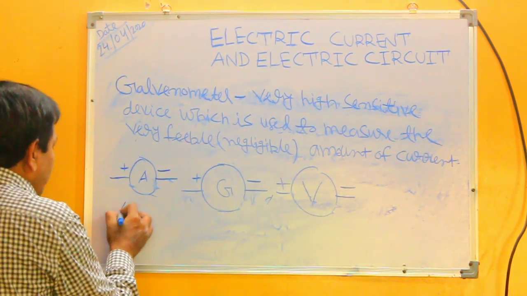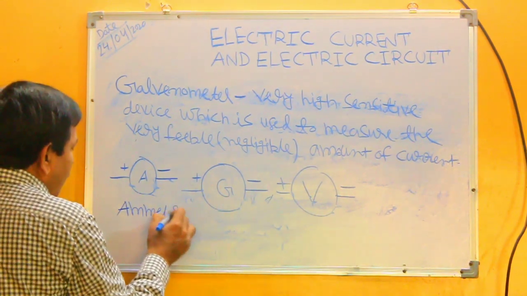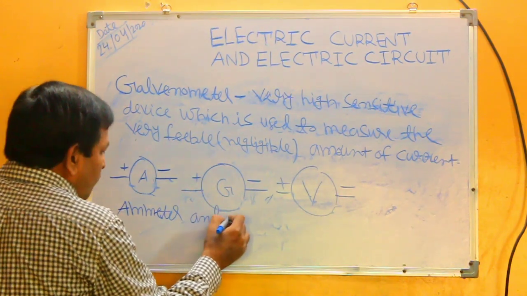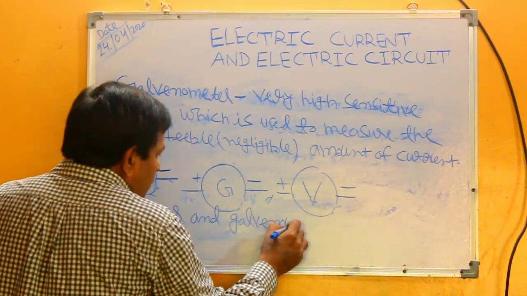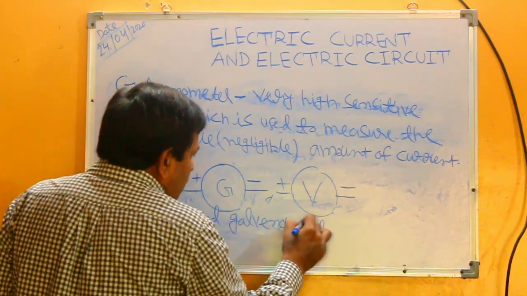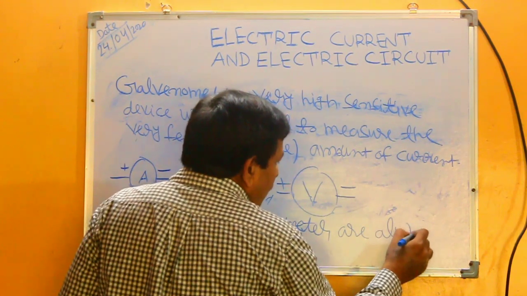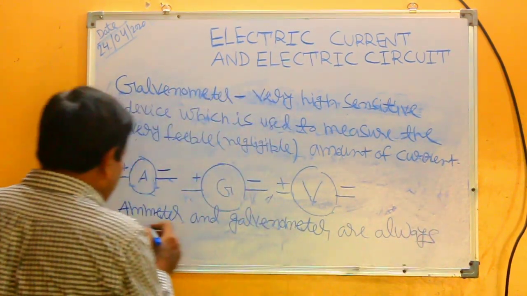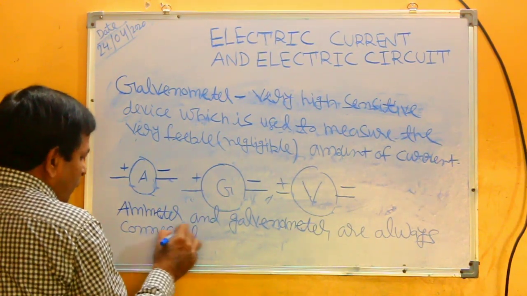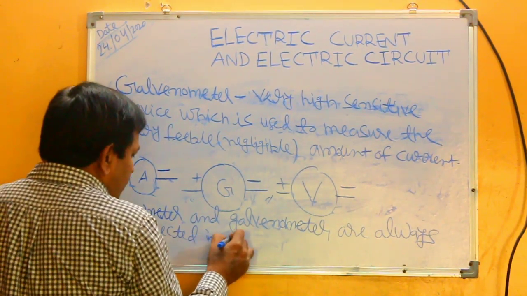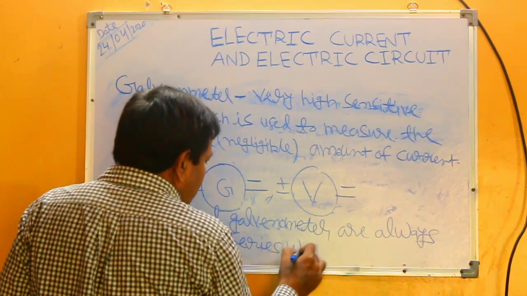So ammeter and galvanometer are always connected in series with the main circuit.